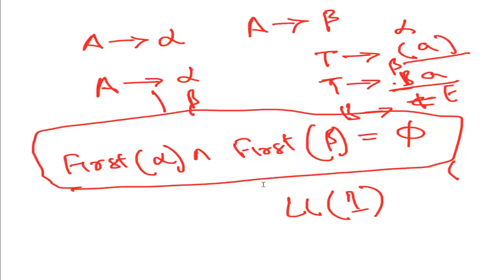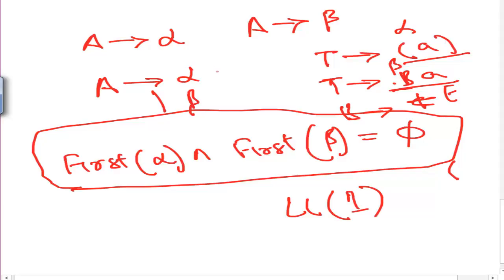Now this property becomes a little complicated if, for example, the first of alpha, which I'm talking about here, can be anything, like a left parenthesis, a right parenthesis, and many other things. Maybe it is going to be epsilon, so the first of alpha is not a terminal but an epsilon.